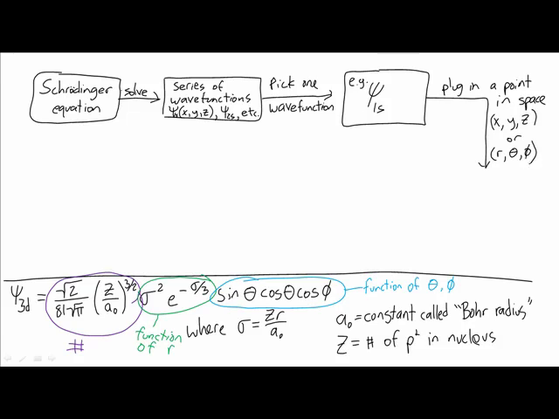So you go to a point somewhere away from the nucleus. You put the nucleus at the origin, and then you go to a point in three-dimensional space and plug in the x, y, and z values there, or the r, theta, and phi values there. All right? And that's going to give you a number.